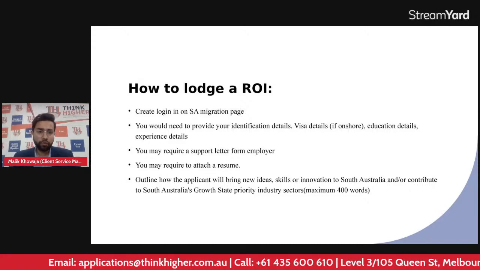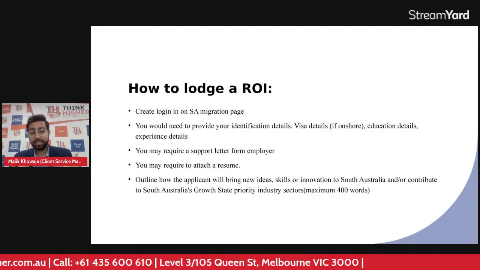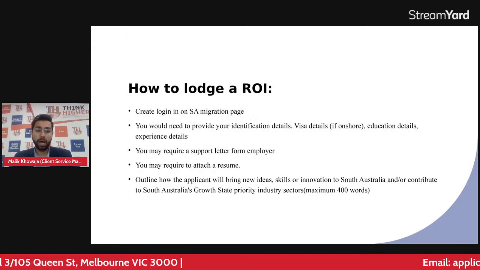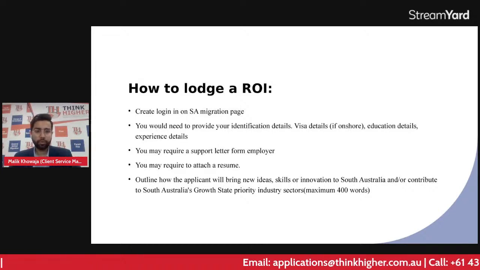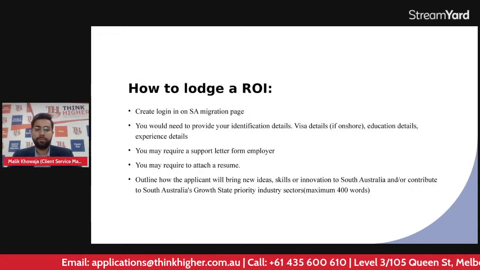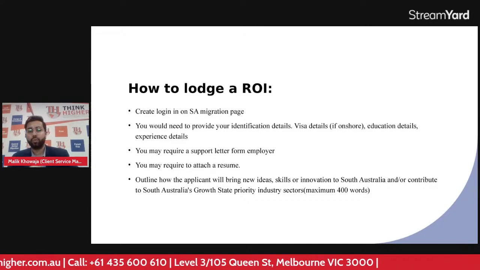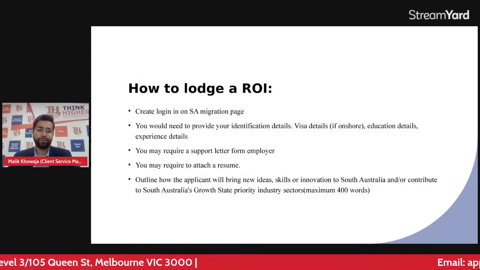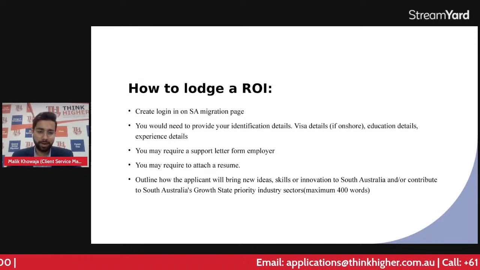You have to provide your educational background and your relevant experience details. If you don't have relevant experience but you are working in the outer region of South Australia in any other occupation, you must record those details, as it will be beneficial to show that you are in South Australia and you want to get this nomination so that you can contribute to the economy of South Australia under those industrial sectors that we discussed in the previous slide.